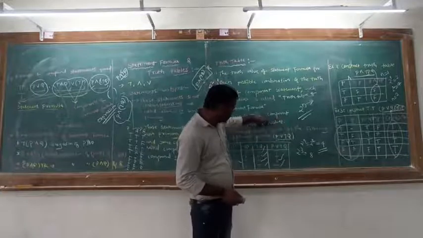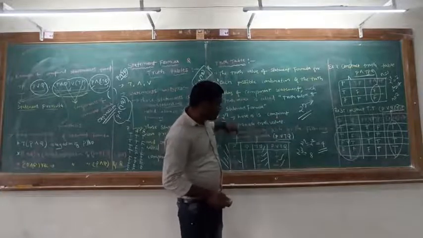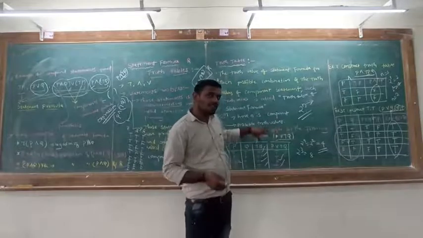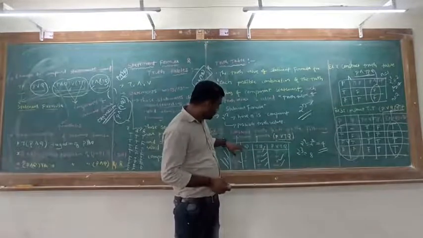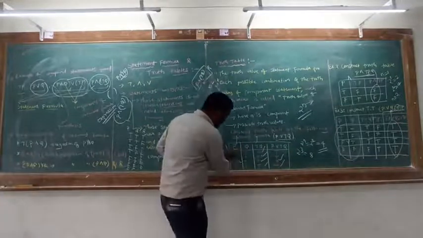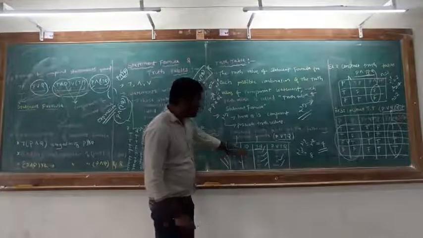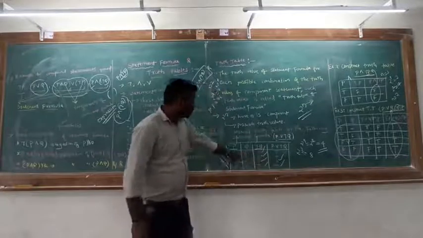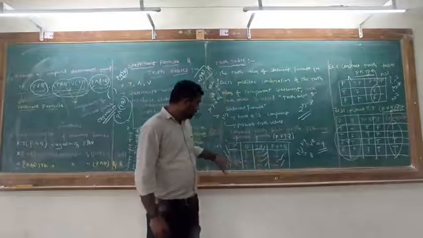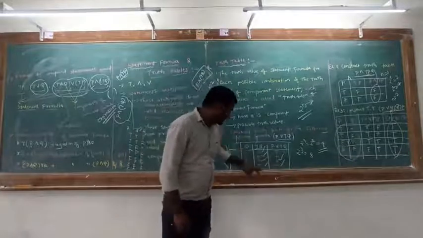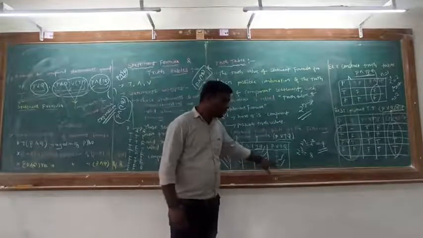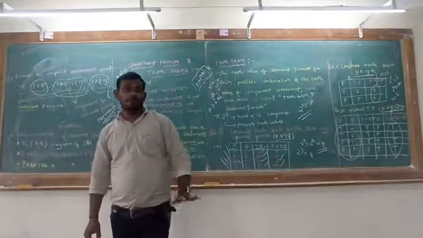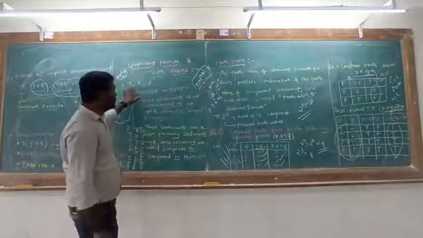After that we have P and the negation of Q. Do the disjunction, which is the OR operation. P is there, negation Q is there: true, false, true. True. Then false, true.